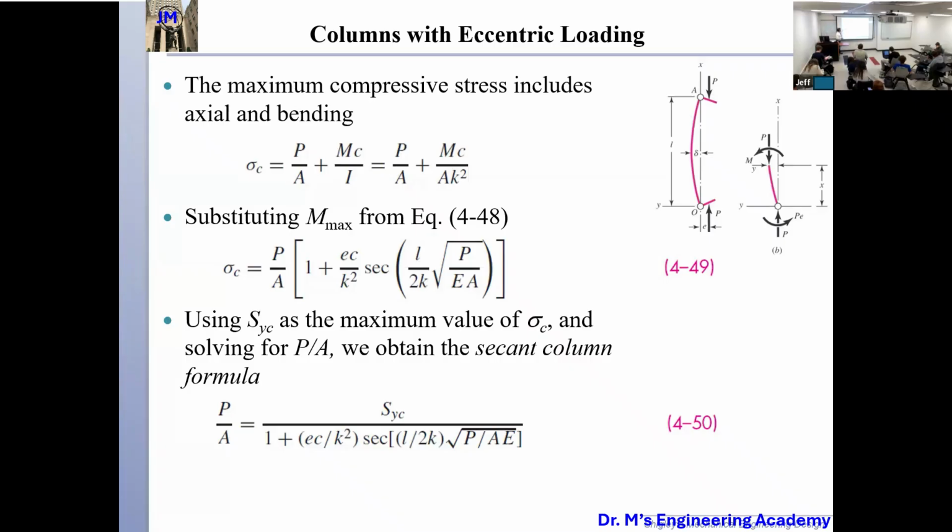So if we substitute M maximum into this equation, from 4-48 we can have sigma c, the maximum one. Using Syc as the maximum value of sigma c and solving for this one, we can have this. Syc is the yield strength of this column.